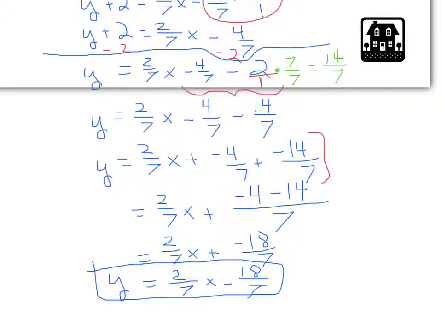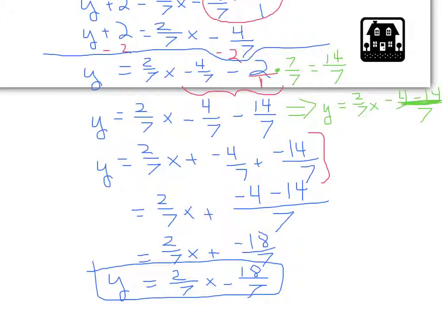What if we had gone straight from here to rewriting it as y equals 2/7x minus 4 minus 14 over 7. Okay, so I didn't change anything to pluses. I just kept that minus sign out in front, and I put 4 minus 14 over 7.